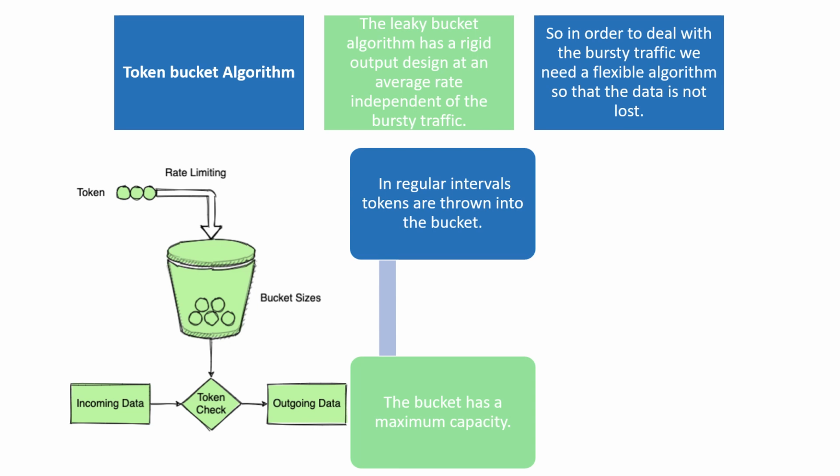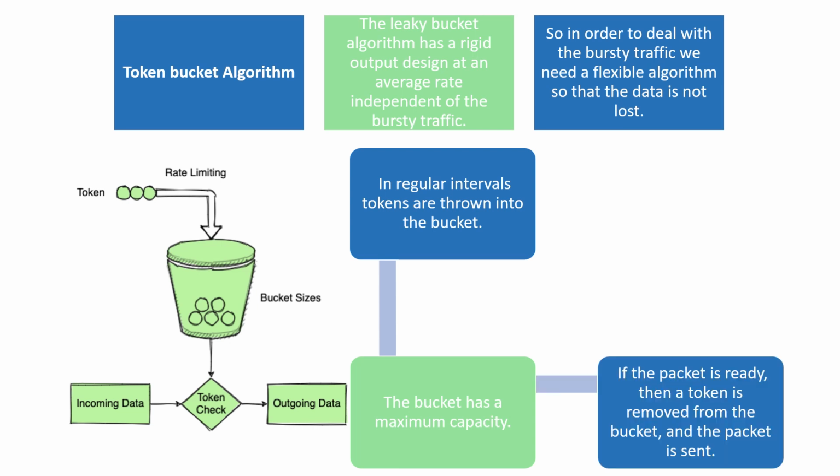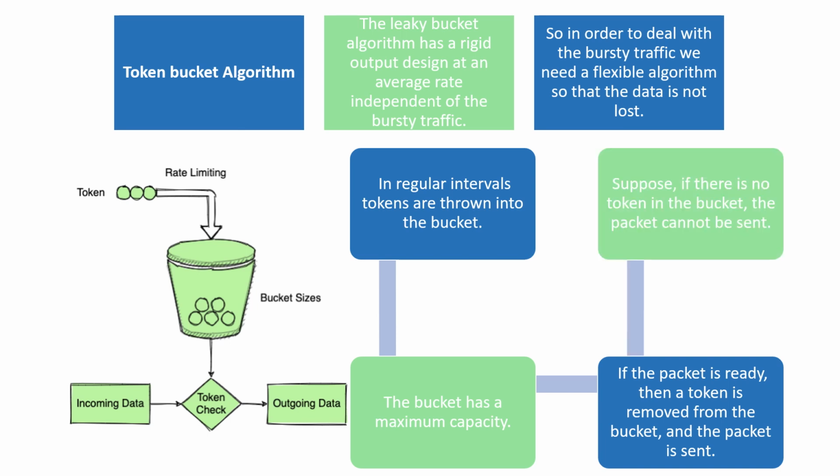The bucket has a maximum capacity. If the packet is ready, then a token is removed from the bucket and the packet is sent. If there is no token in the bucket, the packet cannot be sent. So according to the token availability in the bucket, the packet is sent.